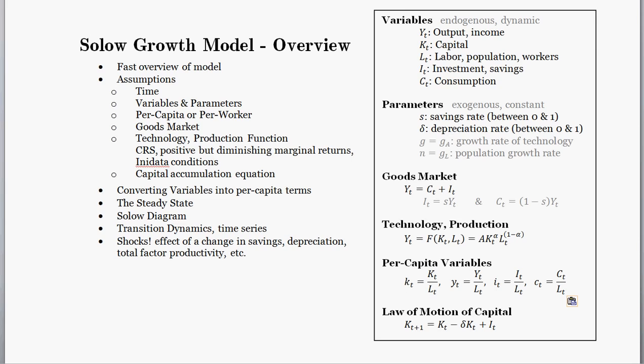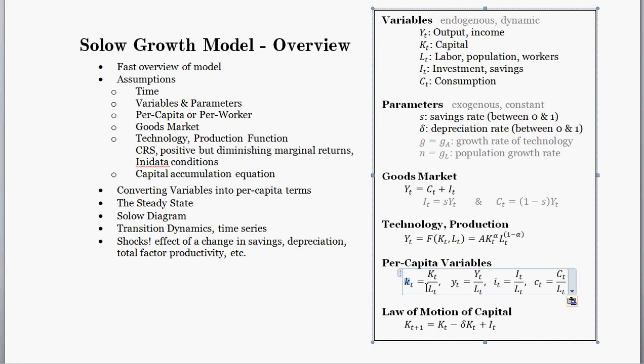Anyway, next, let's now turn all these variables into per capita values. So notationally, first off, when I say per capita, note that I'm saying per capita, not per capital. Per capita as in per worker. Notationally, the lowercase for each of these things, lowercase k, lowercase y, lowercase i, and lowercase c, corresponds to per capita values of each.